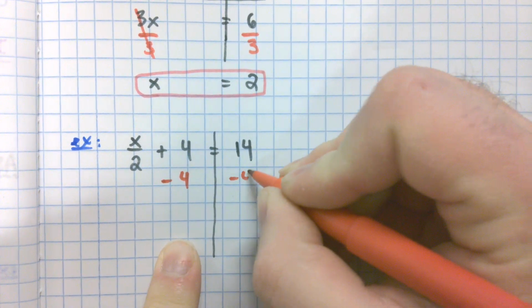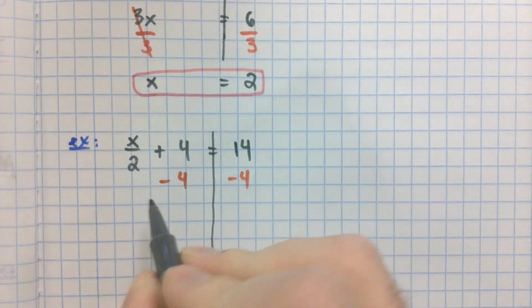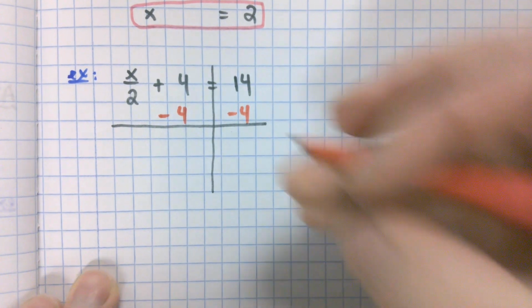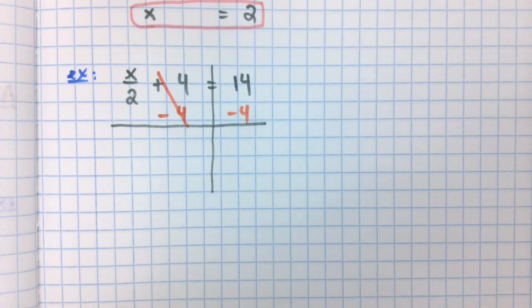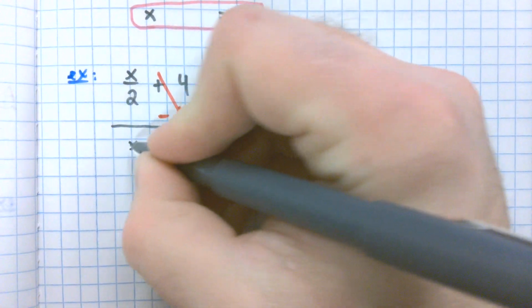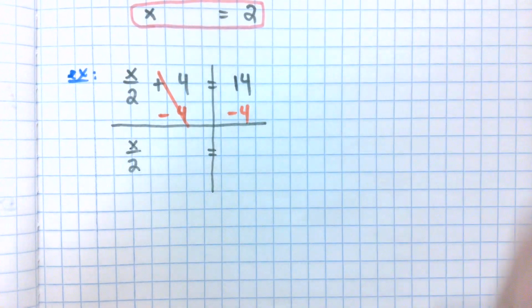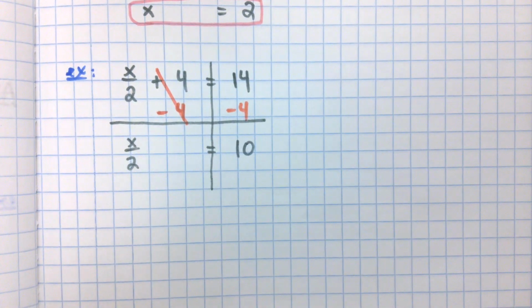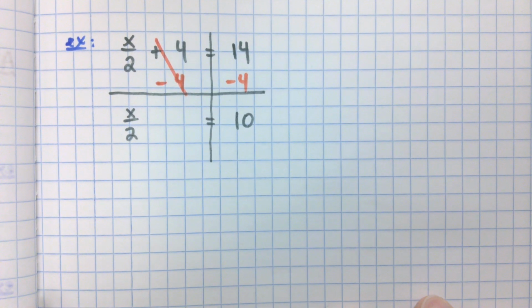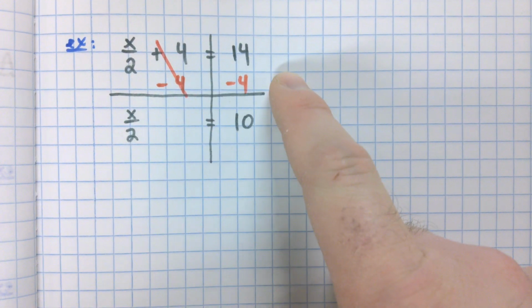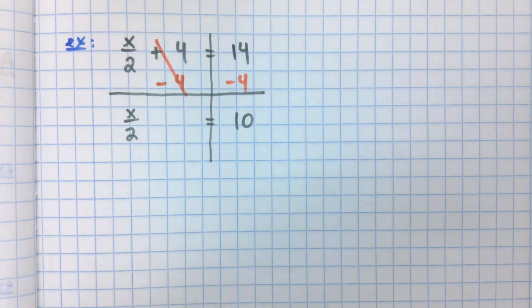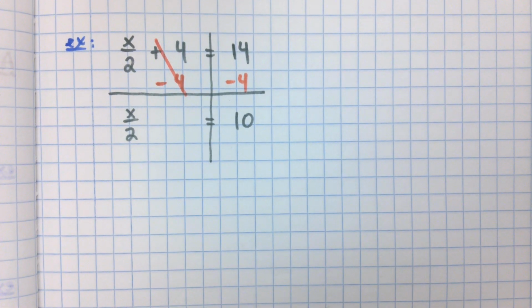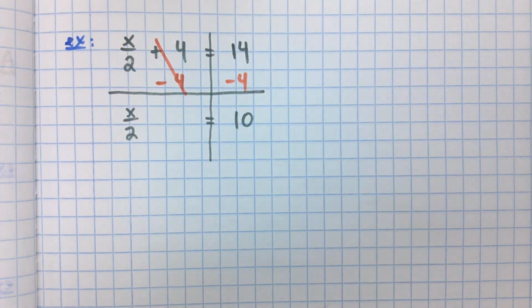Subtracting 4 from both sides. Cross out the 4's on the left, leaving us with x over 2 equals 14 minus 4, 10. There's our first layer peeled back. Now we've got to get rid of this inner layer. We're dividing x by 2.